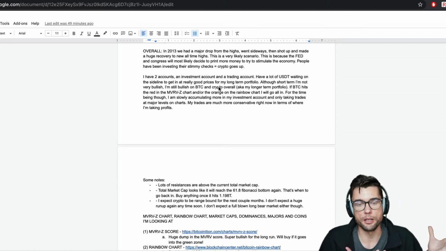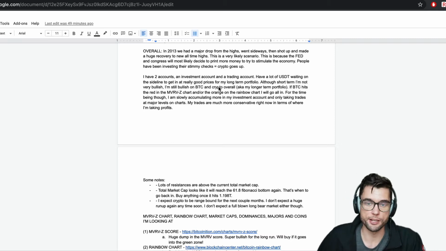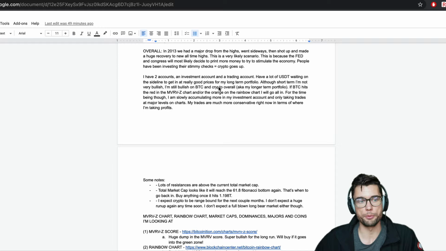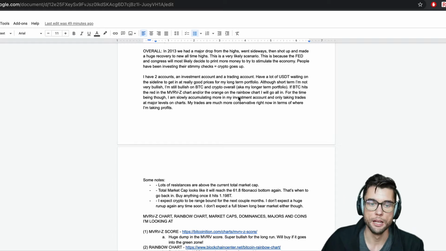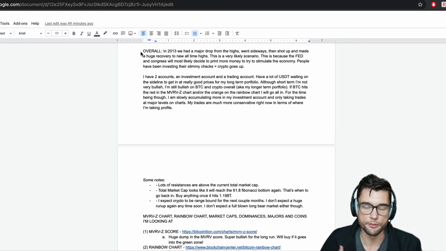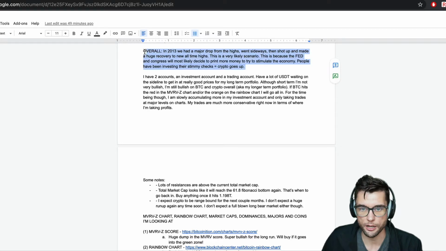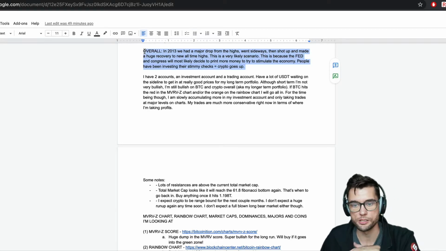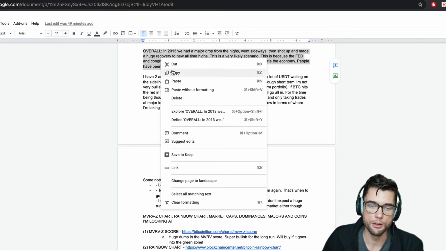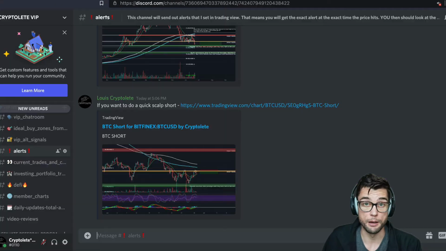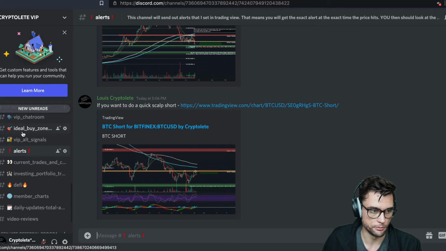When people get that money, they have been investing their stimmy checks into cryptocurrencies and stocks. Hence, they go up. So that's why this could be another 2013. That's the first thing to understand. Basically, I'm expecting sideways movement for a while, and then eventually a big pop up to the new highs.